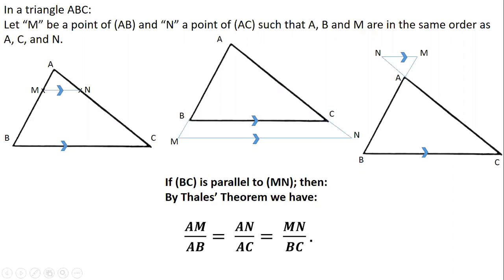Yes, Abbas, always start from the same vertex. Follow with me: AB over AM is equal to AC over AN, then you go to the parallel lines, equal to BC over MN.